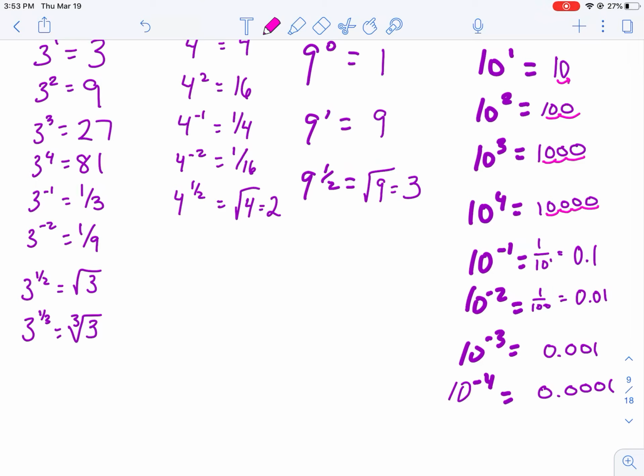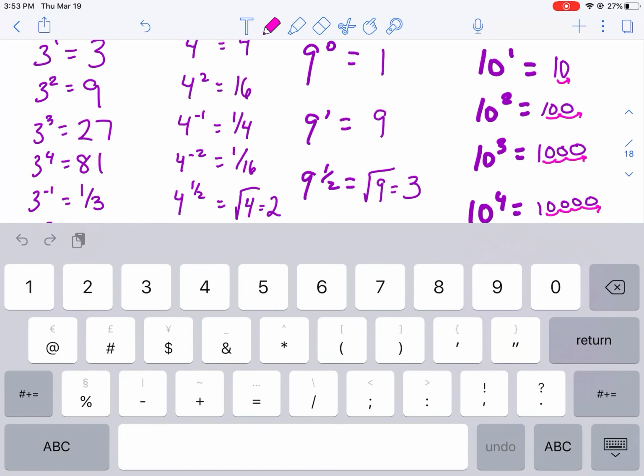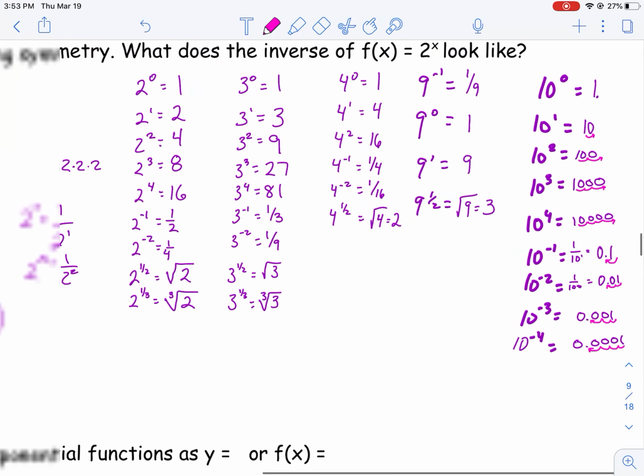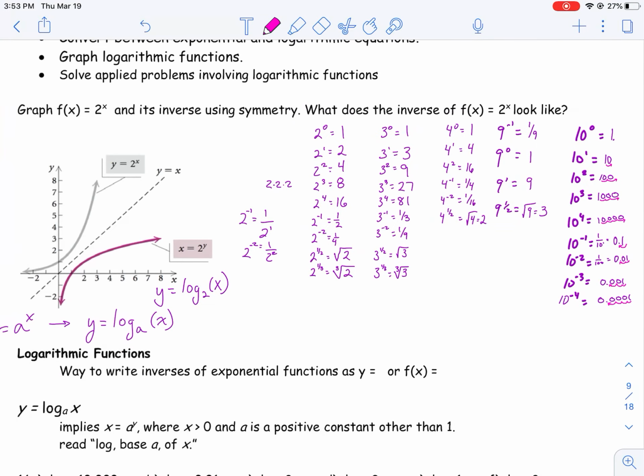Remember here I was moving the decimal to the right 1, to the right 2, to the right 3, to the right 4. Now notice I'm moving the decimal to the left 1, left 2, left 3, and left 4. So when you're working with exponents on 10, recognize there are some shortcuts you can use if you're comfortable with them.